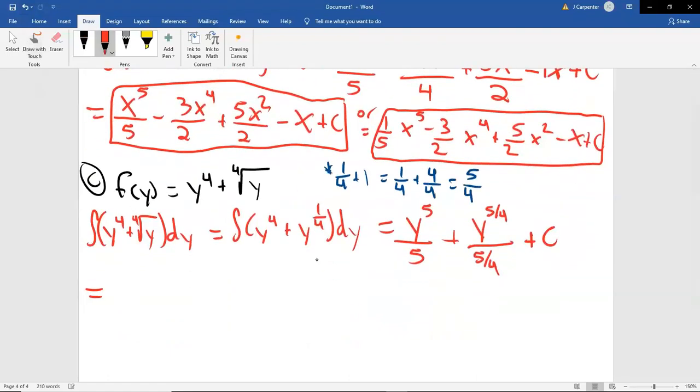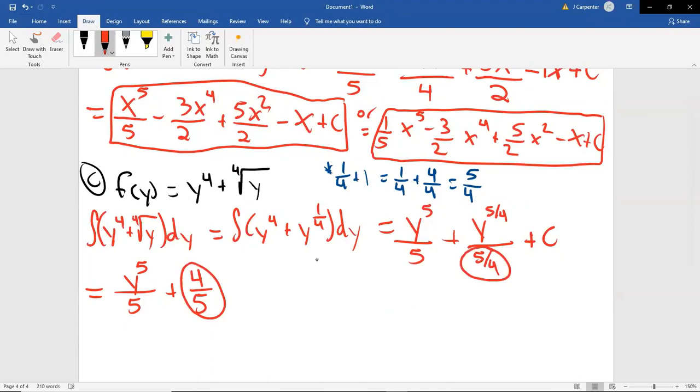Okay. Y to the 5th over 5, nothing happens. But we're dividing by 5/4. Dividing by a fraction is the same as multiplying by its reciprocal. And I'm going to go ahead and put that in the front. So dividing by 5/4 is the same as multiplying by 4/5. Again, this is 4/5 because this was 5/4.